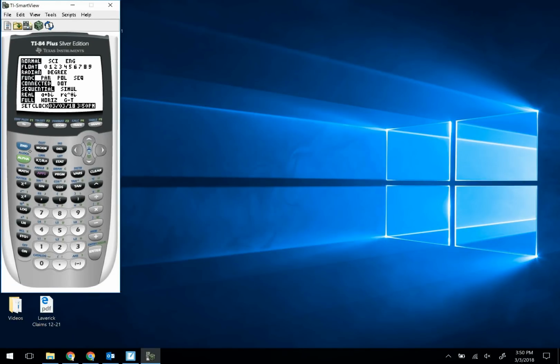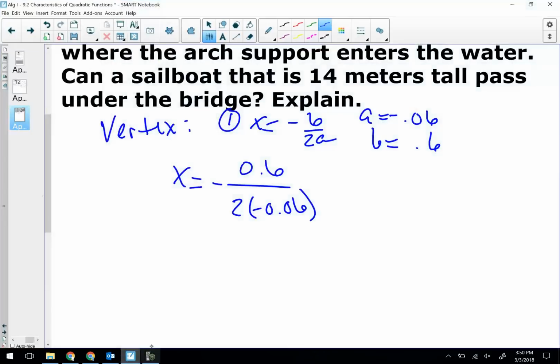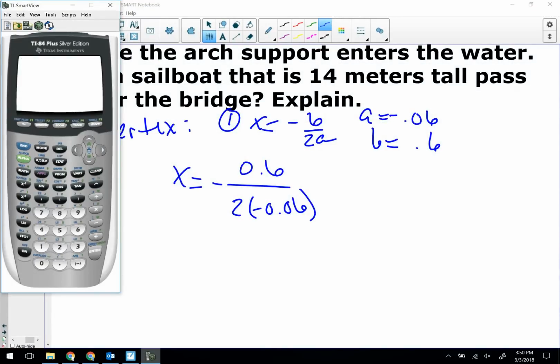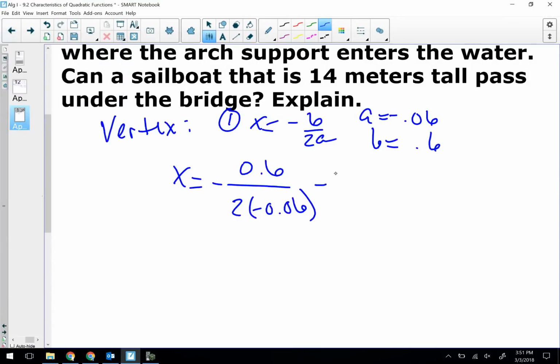Okay, so we've got negative 0.6 divided by, and I'm going to put parentheses, 2 times negative 0.06. There we go. Positive 5. Okay, so it's 5 comma something, right?